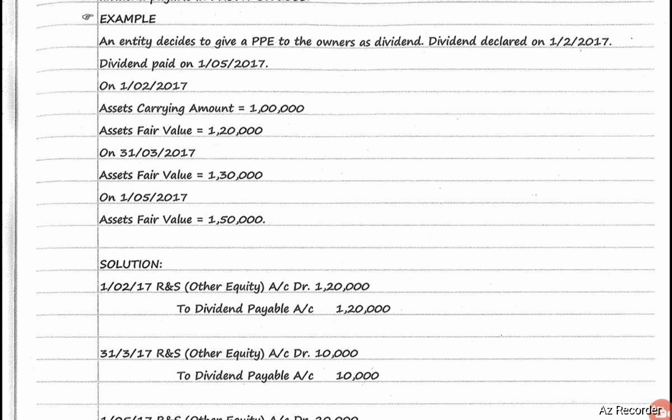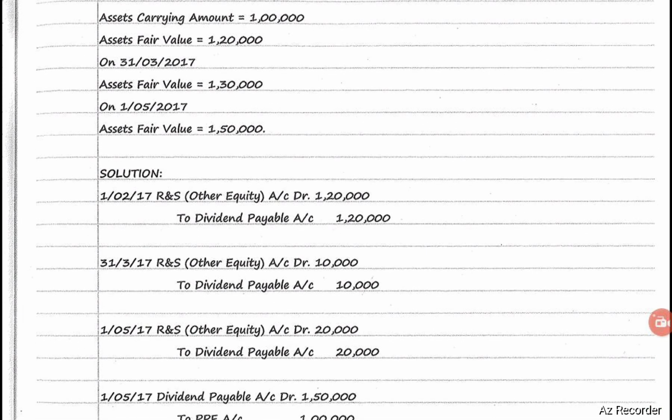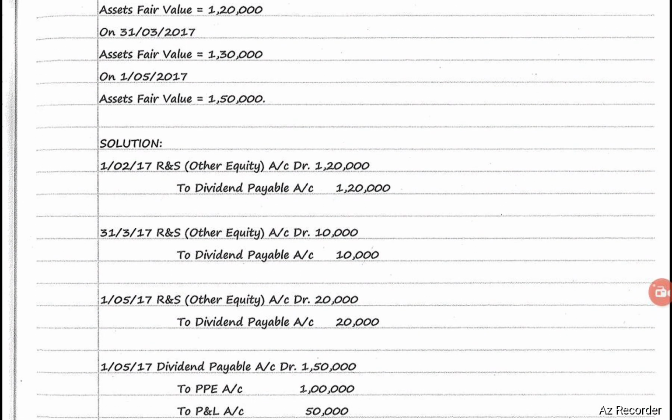So the treatment of dividend payable is, on 1st February 2017, dividend is declared. The entry will be reserves and surplus other equity account debit to dividend payable 1 lakh 20,000 recognized at fair value. On 31st March 2017, assets fair value increased by 10,000. The entry will be reserves and surplus other equity account debit to dividend payable account 10,000. Next, on 1st May 2017, assets fair value again increased by 20,000.